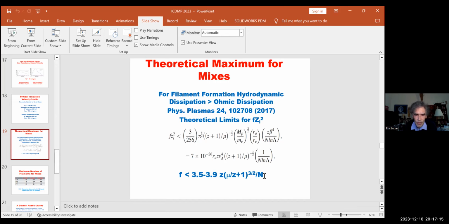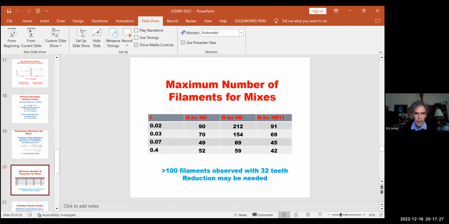And the number of filaments enters in, because the smaller the number of filaments, the more powerful each current is, and the easier it is to maintain the filaments. So that means we have a maximum number of filaments in the machine for a given mix.